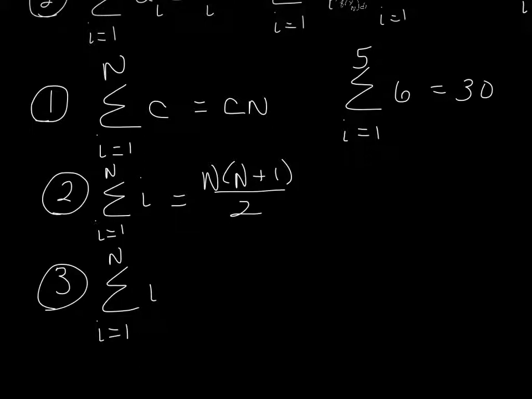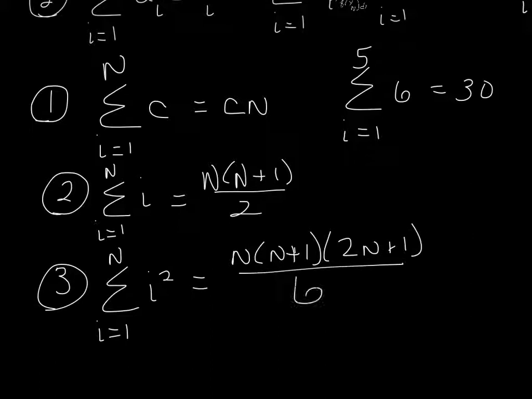If we have i squared, this formula is n times n plus 1 times 2n plus 1 over 6. If you've got n is 100, it's a whole lot easier to use that formula than it would be to try to add all that up.